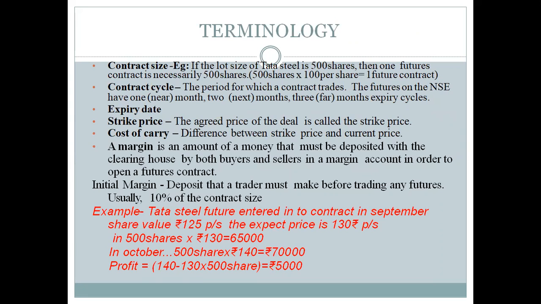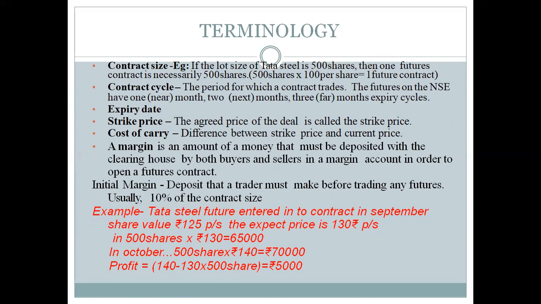These are certain terms which you must know to understand the concept of futures contracts. Contract size: the amount of the asset that has to be delivered under one contract. Here there will be a lot size. Lot refers to the minimum quantity that one has to buy to complete a contract.